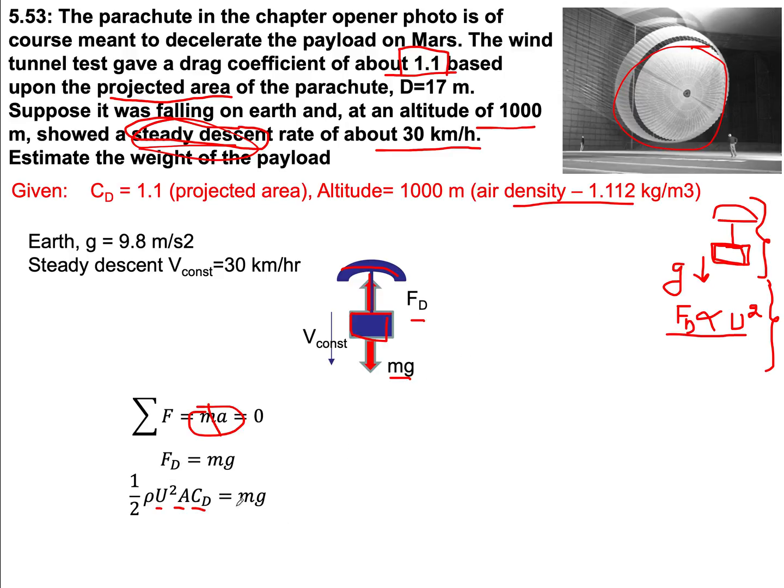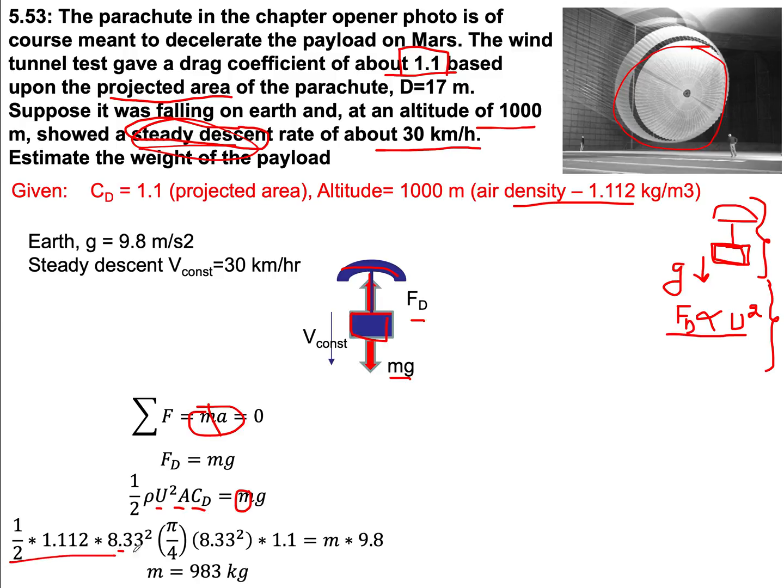So you plug in numbers. We're after the weight of the payload. We have the descent velocity. We have the frontal area, which is the pi r squared, and we have the drag coefficient of 1.1. So you plug those numbers in. The descent speed is 30 kilometers per hour, which is 8.3 meters per second.